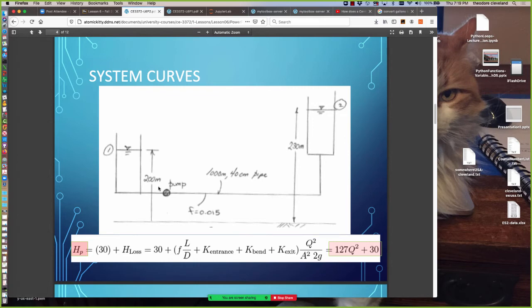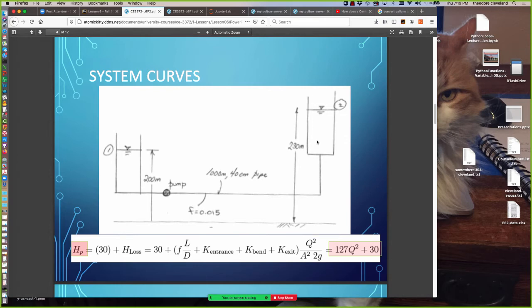If we write the energy equation from a couple meetings ago and rearrange it, we find that the total energy at 1 plus the added head at the pump equals the total energy at 2 plus the head loss going from 1 to 2.